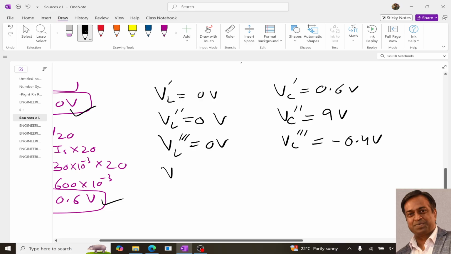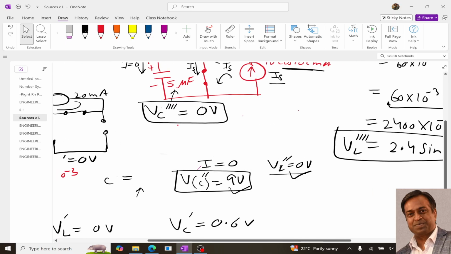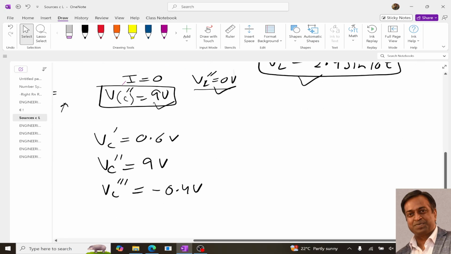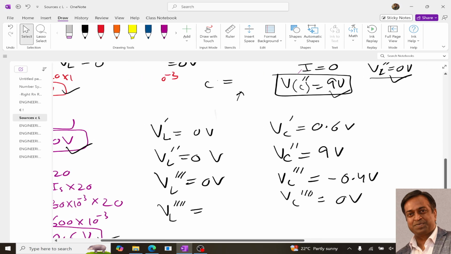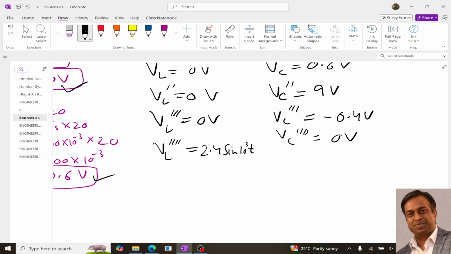And now VL 4 dash is 2.4 sine 10 power 3 t, whereas VC 4 dash is 0 volt. So we will write this: VC 4 dash is 0 volt, and VL 4 dash is 2.4 sine 10 power 3 t, right?